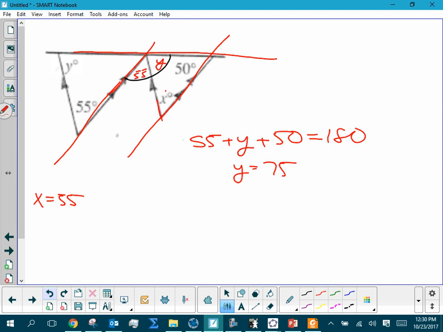I don't know if that's the only way you can do that. There might have been, you can maybe take this set of angles, take this 50, transfer it over there, and now those 3 blue angles there in the middle are going to add to 180. You could use, if you wanted to, triangle ideas where these three angles are going to add up to 180 in that triangle.